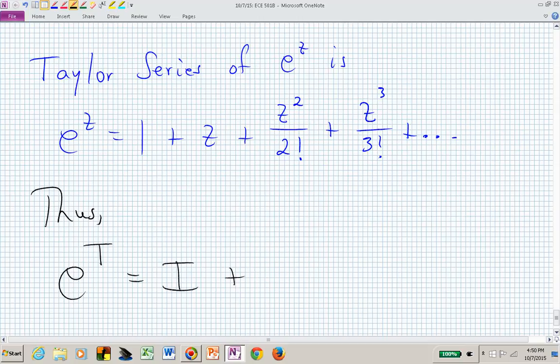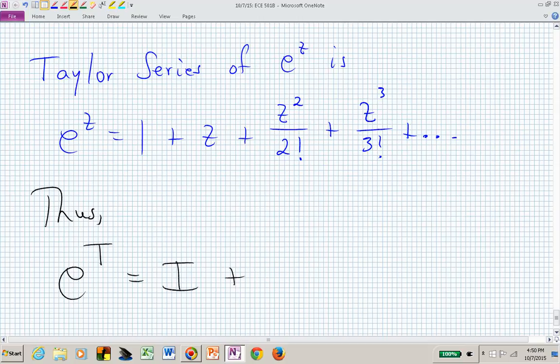So if our linear operator is operating on a vector space of dimension n, then that identity matrix is what size? n by n.